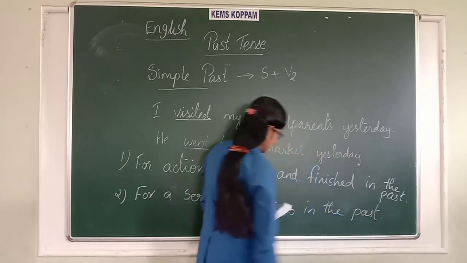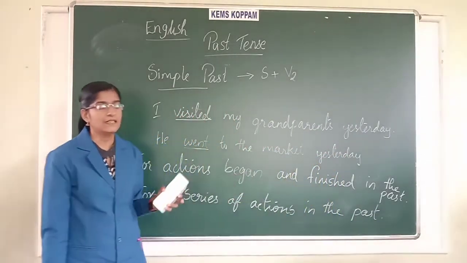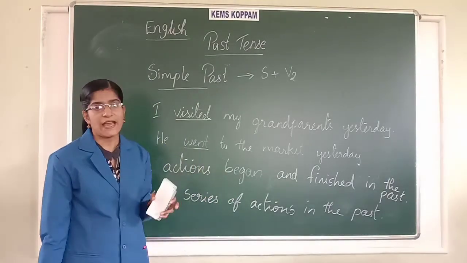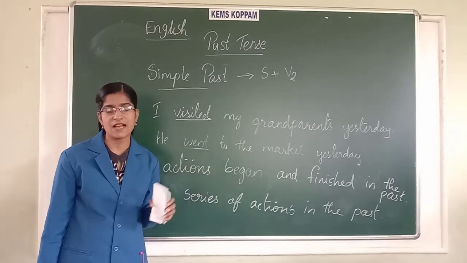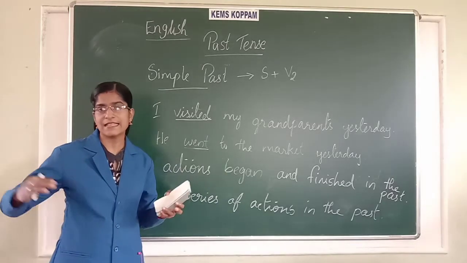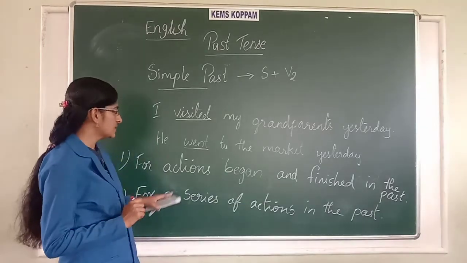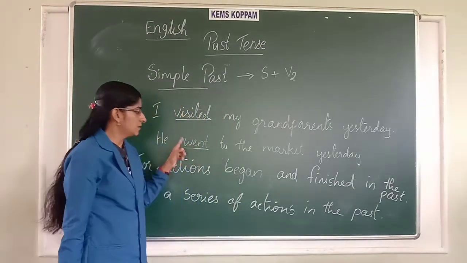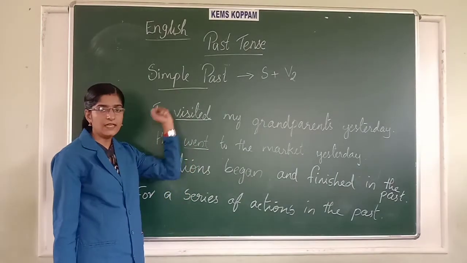As we read in a story, like: I came back home, removed my shoes and socks, asked my mother to bring me a cup of tea. Like a series of actions, as in a story, we use simple past tense. These are the two main occasions where we use simple past.